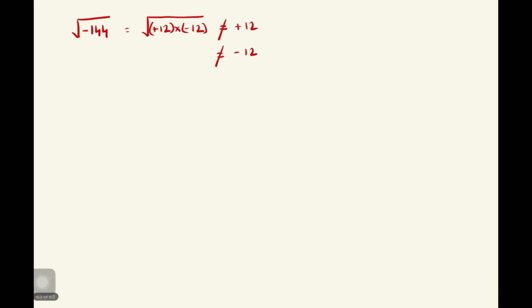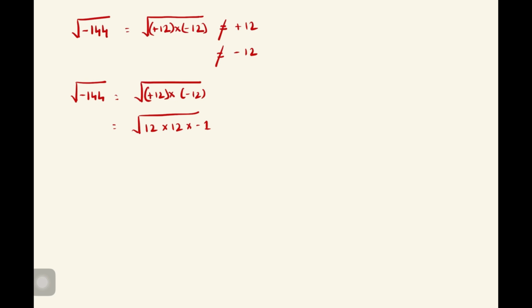Now let's use a different approach here. Minus 144 can be split as square root of plus 12 multiplied by minus 12. Correct. Now why don't I split this further? 12 multiplied by 12 multiplied by minus 1.